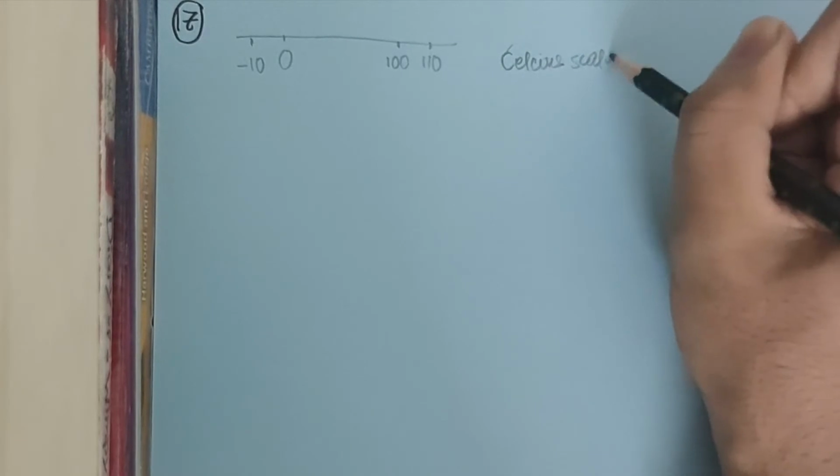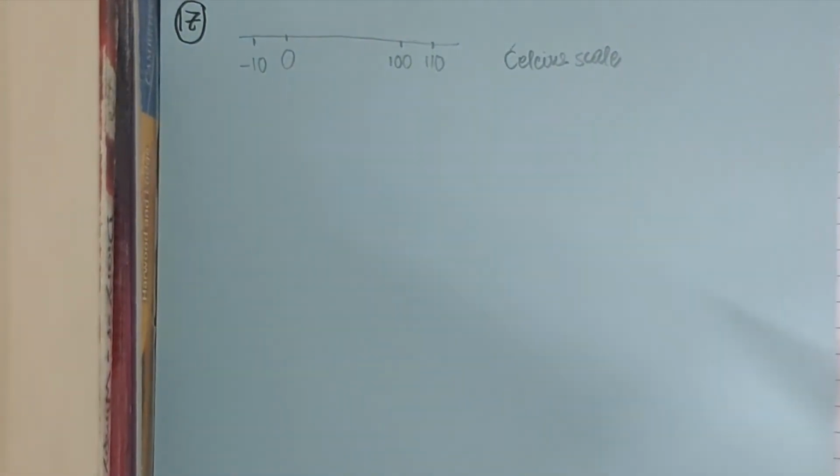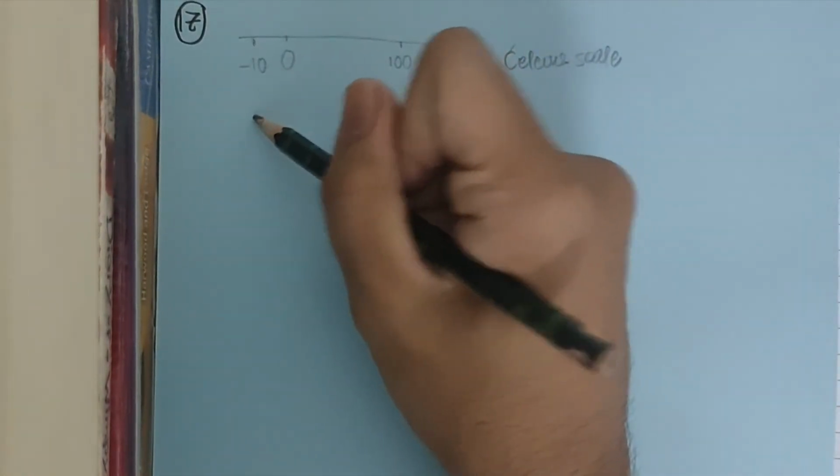Now as soon as I think about the fixed points on the Celsius scale, I think about the boiling point of water and the melting point of ice. The reason is that is what a fixed point is. So those are the examples of fixed points. A fixed point is a point which can be easily reproduced universally. So if you are on sea level anywhere on earth, you will always see that the boiling point of water is always 100 degrees Celsius.